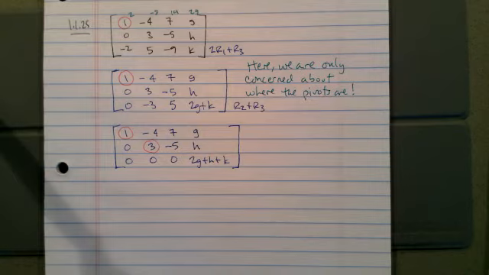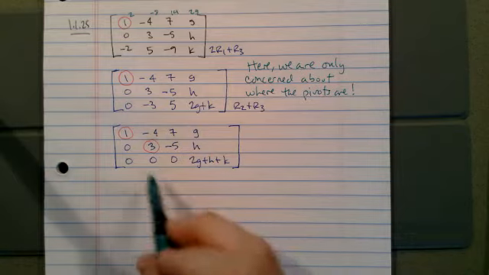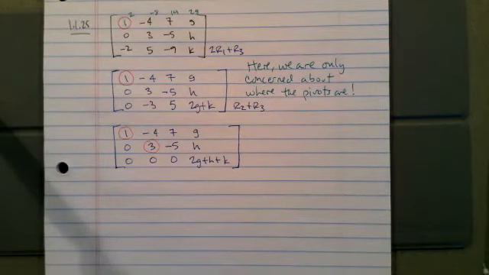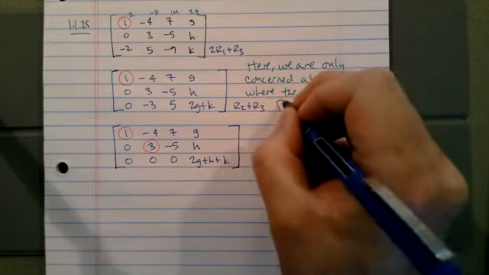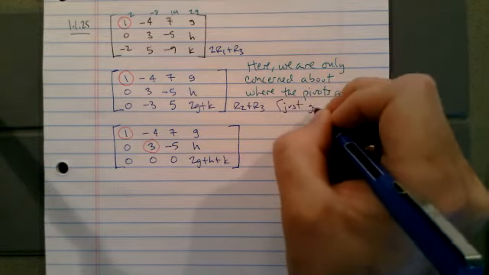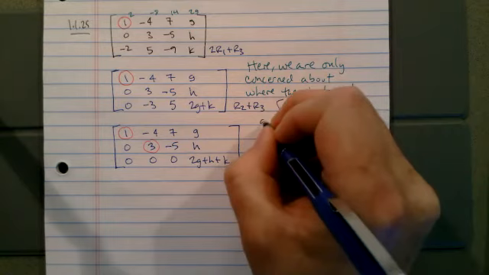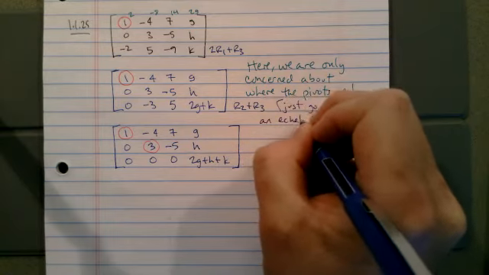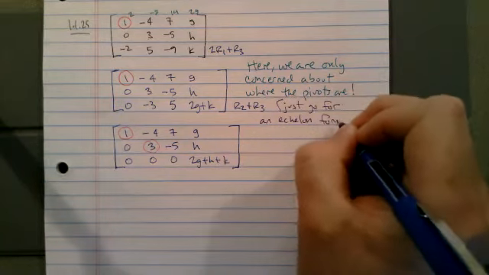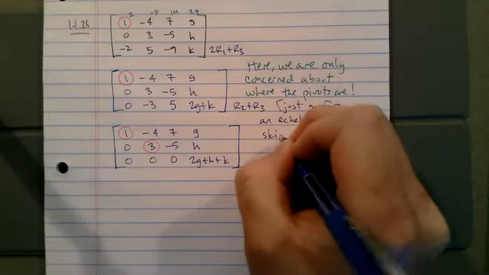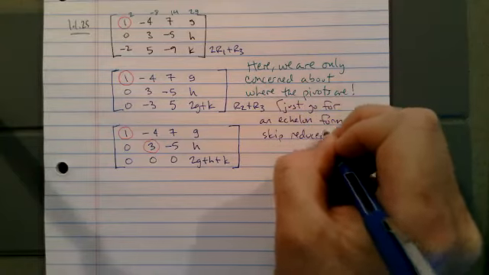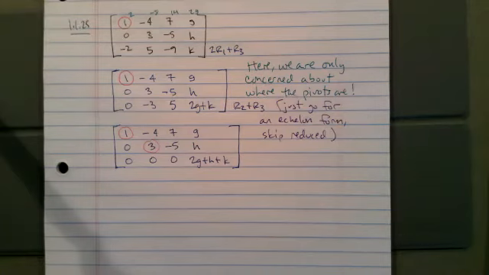That's why I'm skipping reduced row echelon form and just going for a plain old echelon form. That's why I didn't divide by the 3.